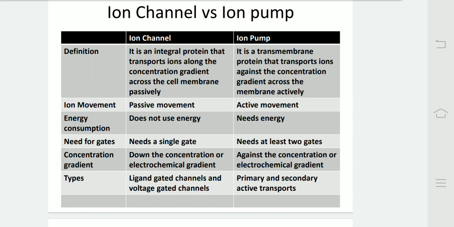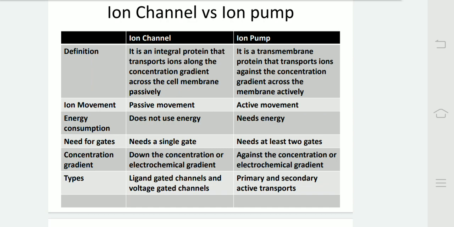Coming to the ion movement, ion channel has passive movement, whereas ion pump has active movement. Coming to energy consumption, ion channel does not require energy, whereas ion pump requires energy.